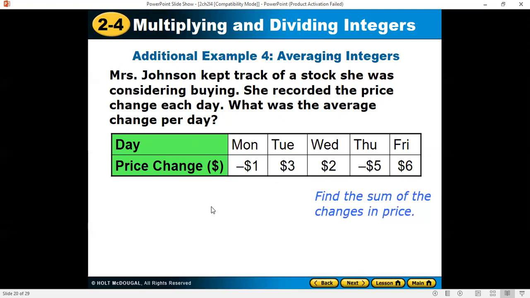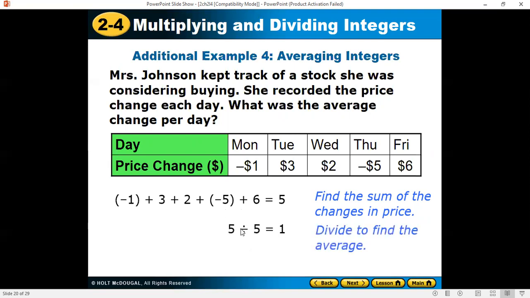First of all, if you want to find the average change, we have to find the sum of the changes in prices, which means negative 1 plus 3 plus 2 plus negative 5 plus 6. After you find the sum, you divide it by the number of days to find the average change per day.